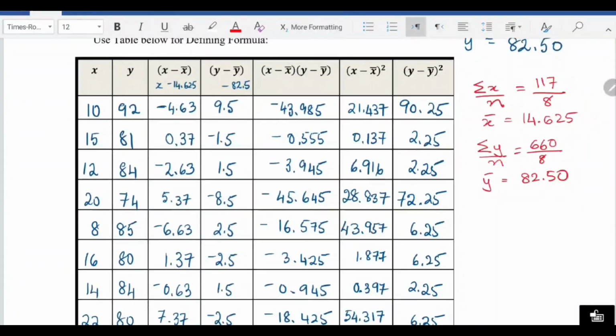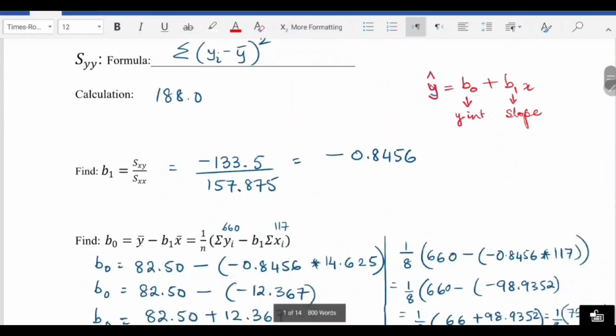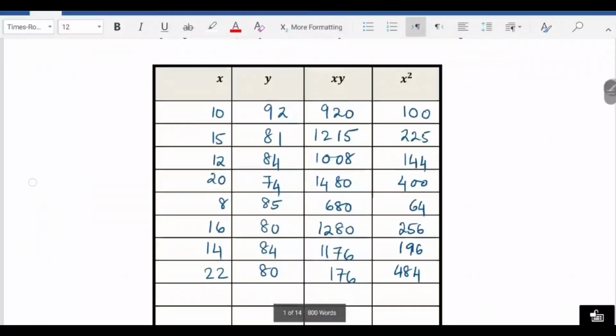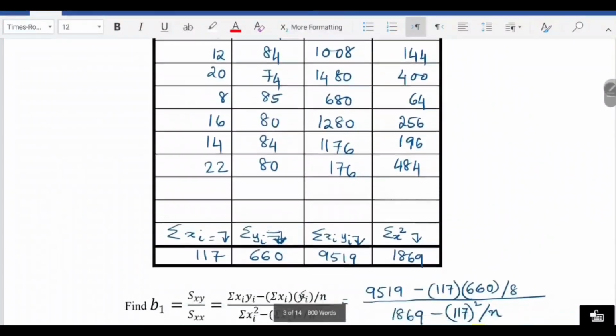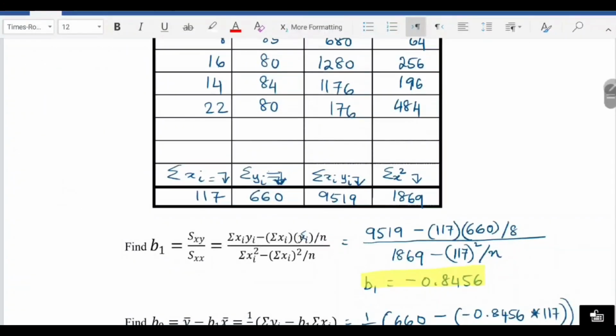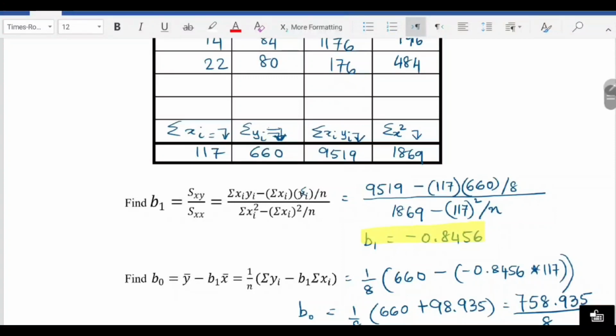We just have 4 columns versus 7 columns. So over here, for the computing formula, let's first visit the formulas for the slope and for the intercept. The slope is s sub xy divided by s sub xx, which is the same as what we used for the defining formula.